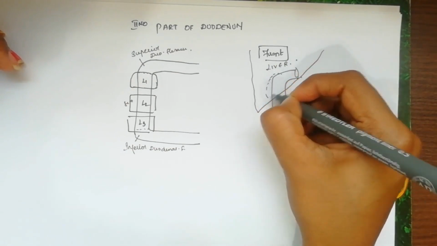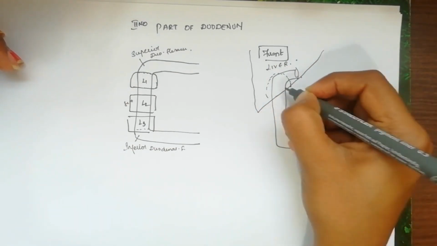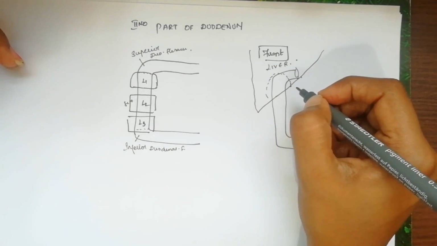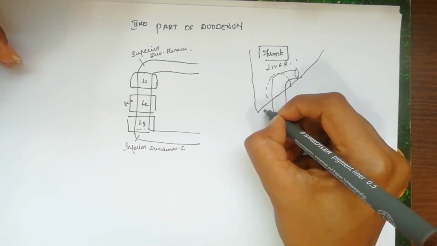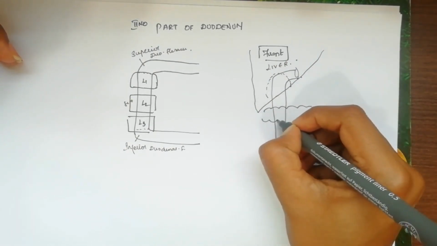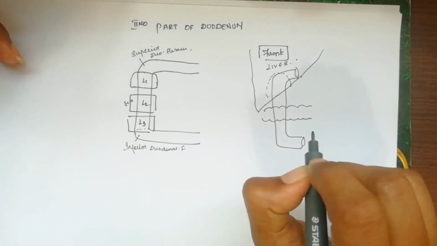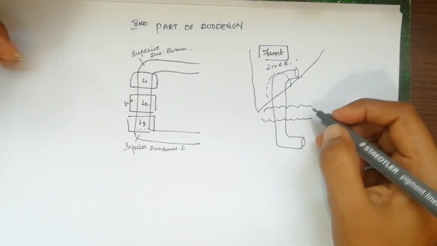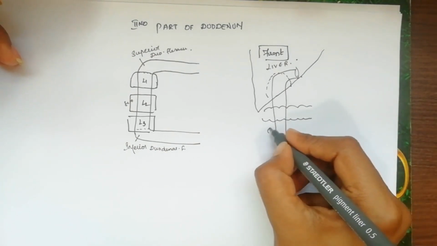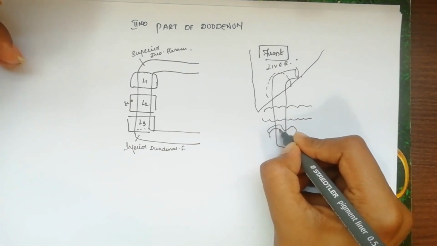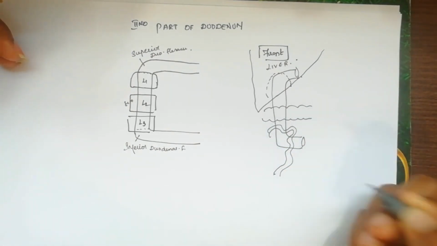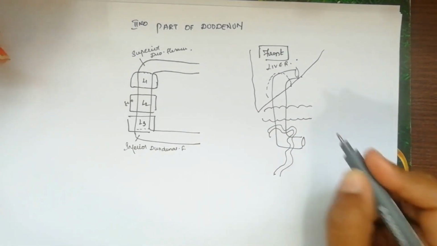This aspect is called the duodenal impression of liver, which is related to the second part of duodenum. Then in the middle part we have a colon passing horizontally, that is the transverse colon, and below the transverse colon we have some coils present downwards, and those are coils of jejunum.